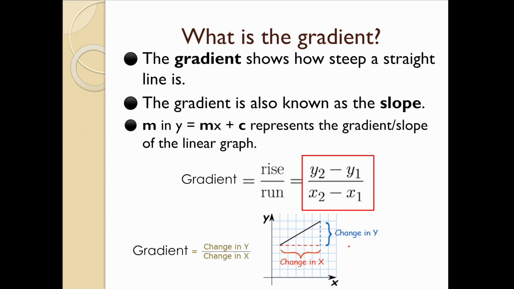So from one point to the next point, what was the difference between the y values and the x values? Just like how we said, from month to month, we had a change in the money. Same thing when it comes to rise and run. So the change in y, change in x: y represents the rise, and x represents the run.